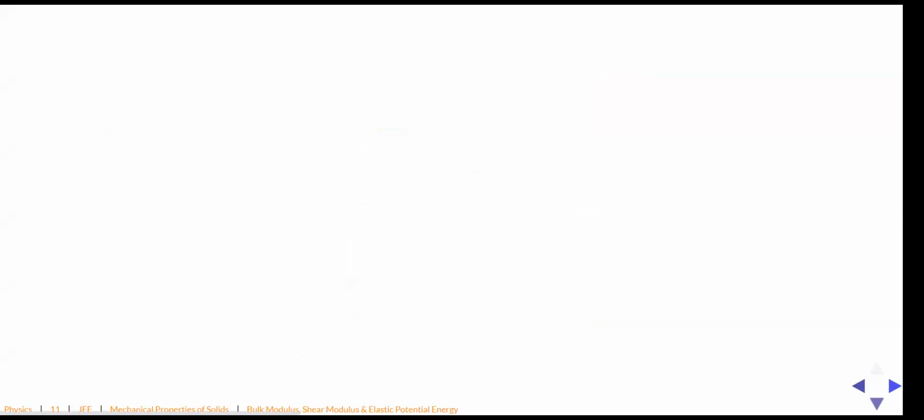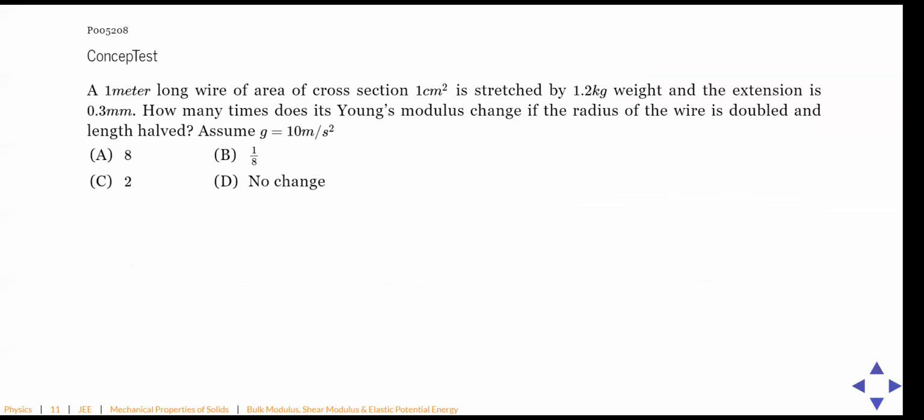So I hope all of you understood this, right? So let us see some concept test. This first concept test: a 1 meter long wire of area cross section 1 centimeter square is stretched by 1.2 kg. So all the information is given.